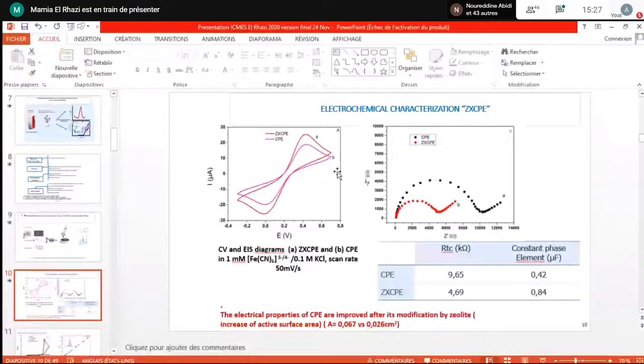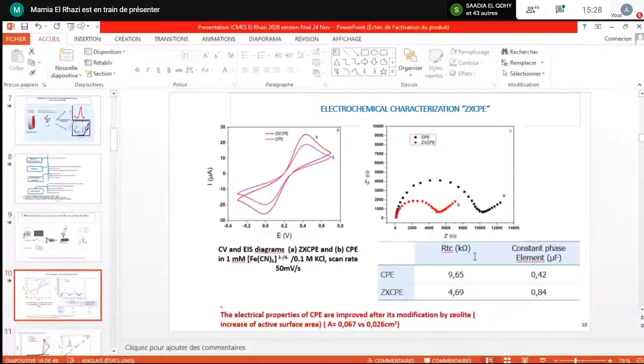You can see that when we modify our electrode, the current increases, indicating that the electrical properties of the carbon-based electrode are improved. The electrochemical impedance technique confirms the results obtained by cyclic voltammetry, and here we see that the charge transfer resistance decreases when we modify our electrode with zeolite.